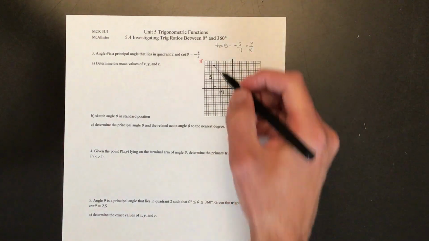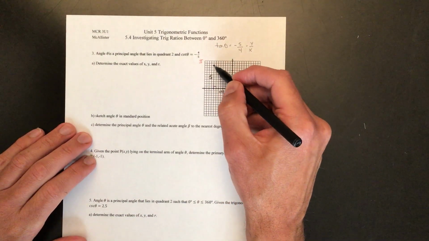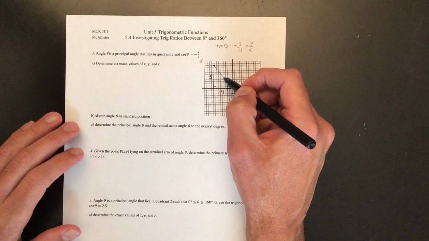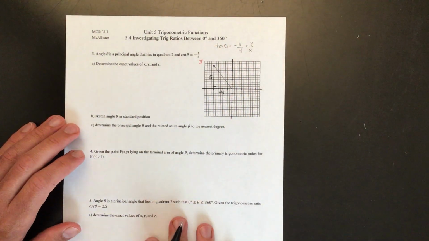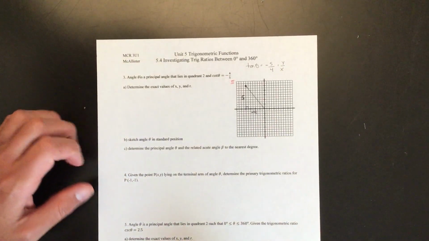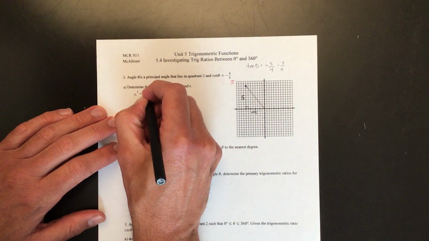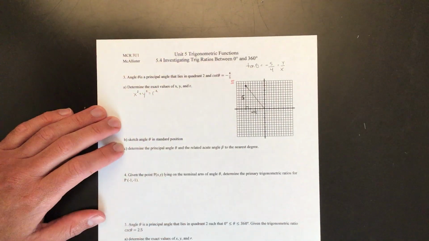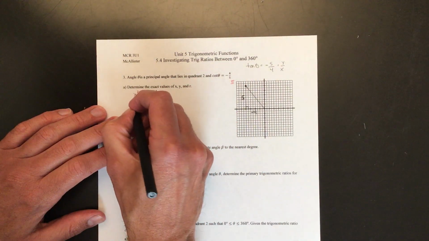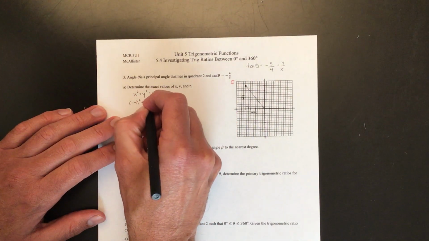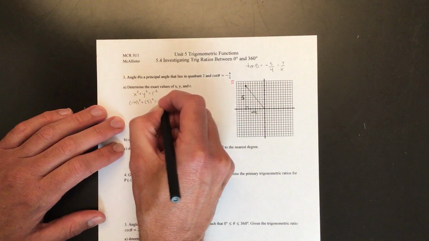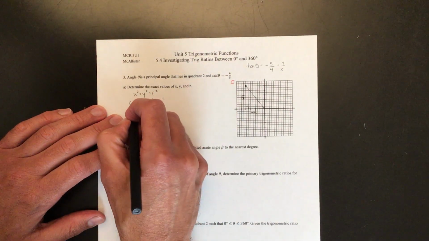So I need to find the exact value of r, my radius, or my hypotenuse. So to do that, it's Pythagorean theorem, but instead we're going to use x squared plus y squared equals r squared. So x is negative 4, y is 5, and we want to find r.